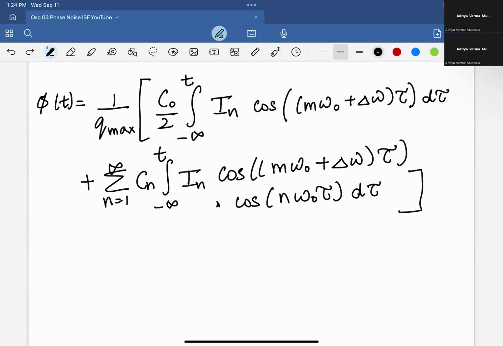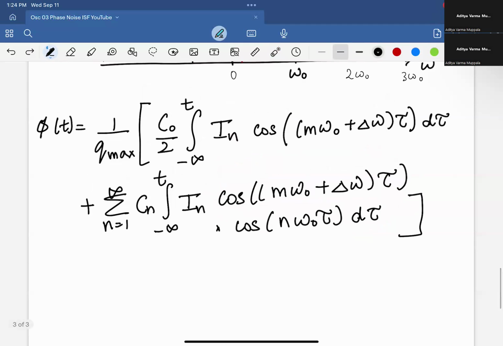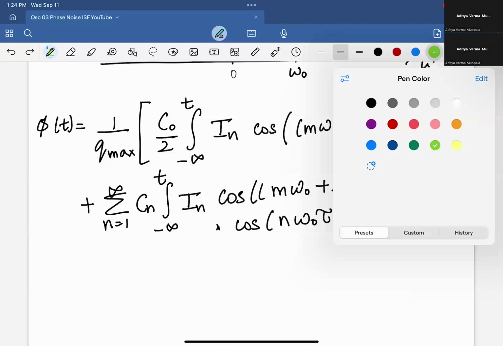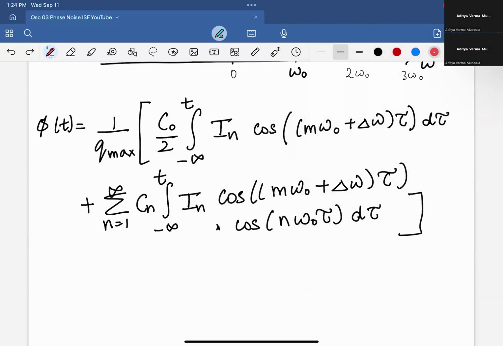So to simplify this, I'm not going to actually compute this, but you can show that when m is not equal to 0, since this delta omega is much, much smaller than omega naught, this oscillation is very fast, because of the frequency in here.